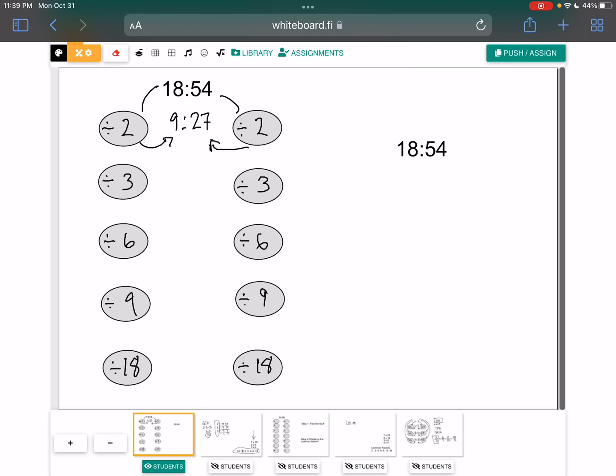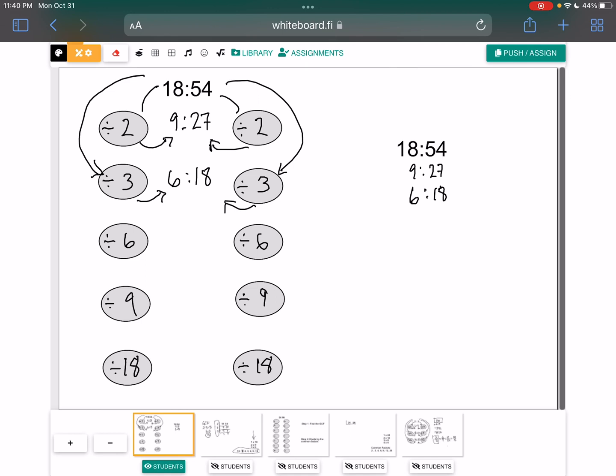So 18 to 54 is the same ratio as 9 to 27. They are equivalent. And if we continue and divide each term by 3, 18 divided by 3 is going to be 6, and 54 divided by 3 is going to be 18. So 6 to 18 is another equivalent ratio.